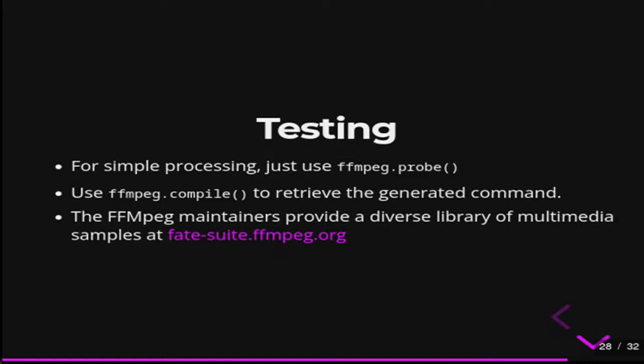You can also use the FFmpeg compile function from FFmpeg Python to retrieve the generated FFmpeg command. So, for example, if you do some stuff in FFmpeg Python which generates this command dynamically, it might be very useful to make sure that it contains all the bits that you need.